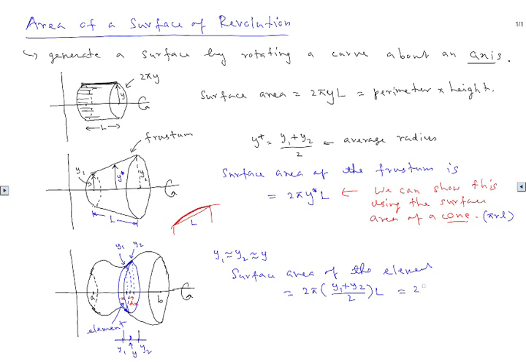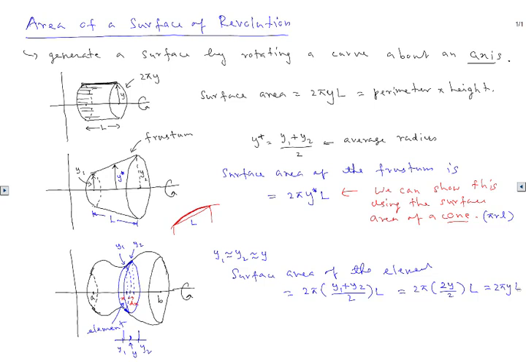Since y1 and y2 are very close to y, you can write this as 2 pi times 2y over 2 times L. So you're going to get 2 pi y L. That means you just need the general radius in this situation.